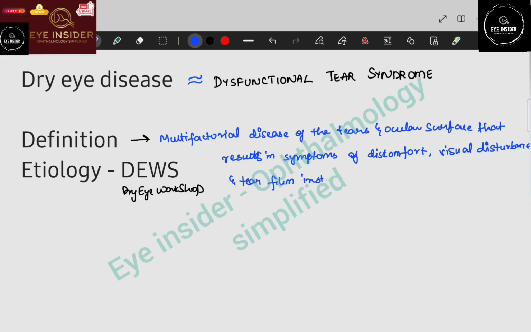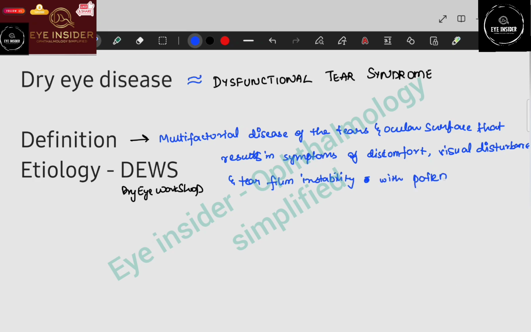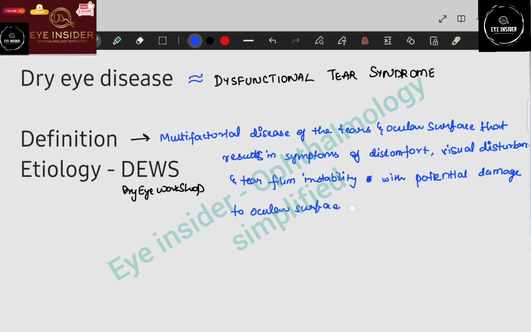It results in symptoms of discomfort, visual disturbance, and tear film instability, along with potential damage to the ocular surface and increased osmolarity of tear film and ocular surface inflammation.